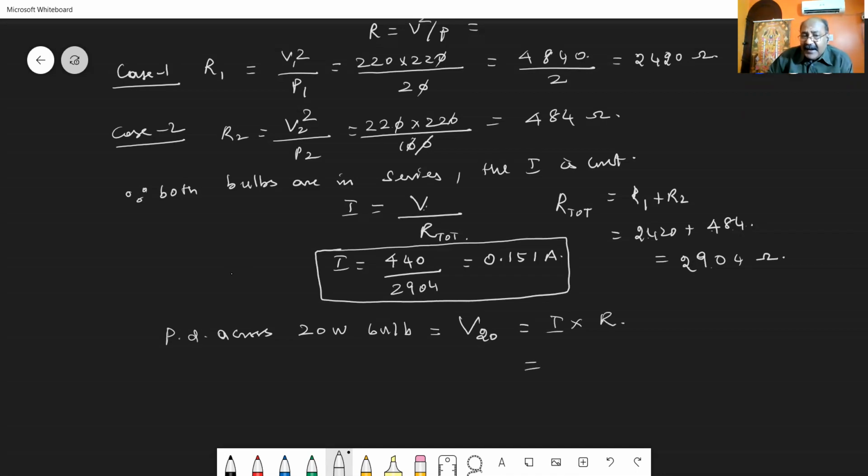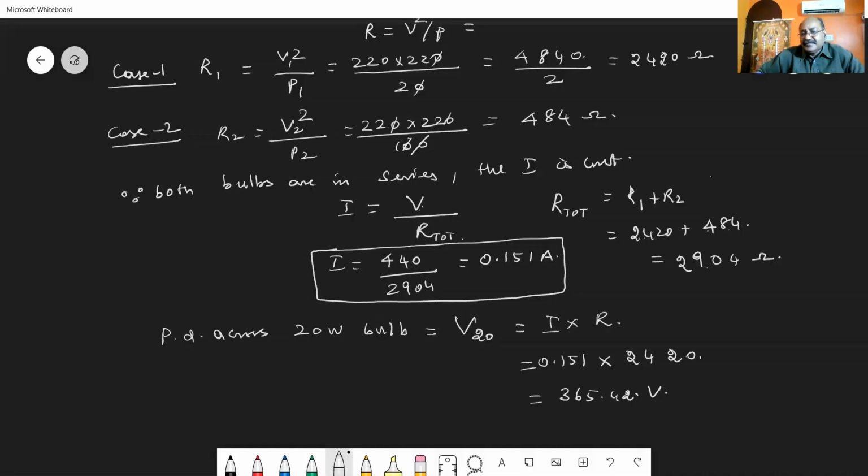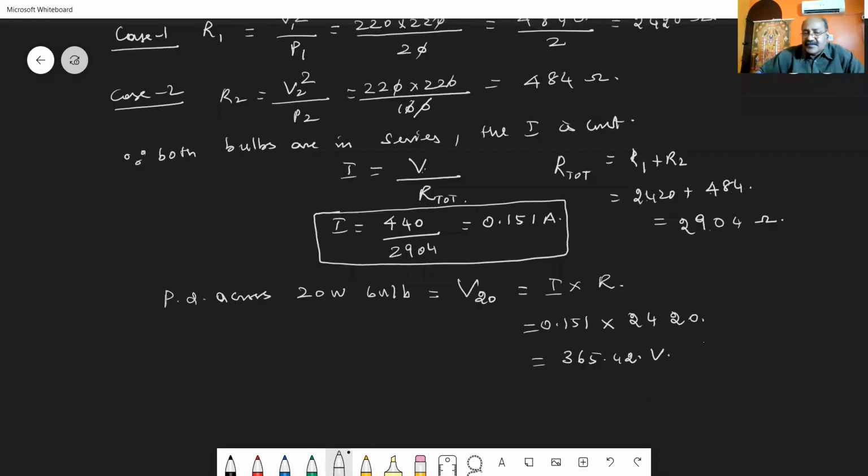Current I is 0.151, multiplied with its resistance, 2420. Just multiply these two and get the answer. When I multiply 0.151 into 2420, the voltage that I am getting is 365.42 volt.